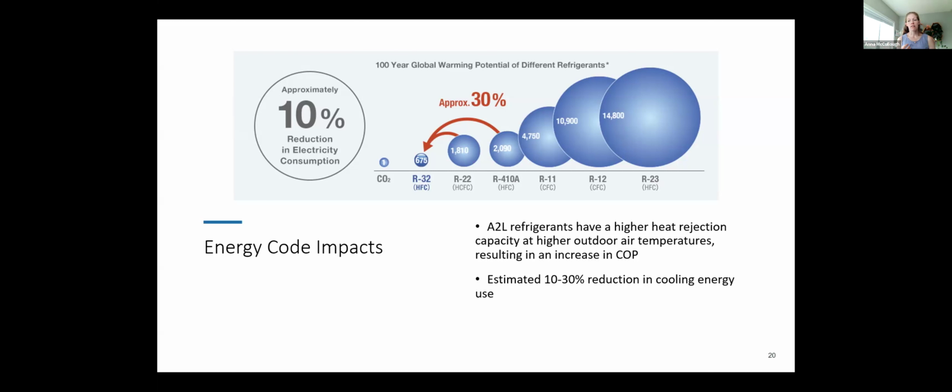They are approximately equivalent at heating efficiency, but it's the cooling efficiency where we really see these A2L refrigerants shine. Don't be fooled. This 30% reduction here, we're talking about the reduction in GWP potential from R410A and R22.